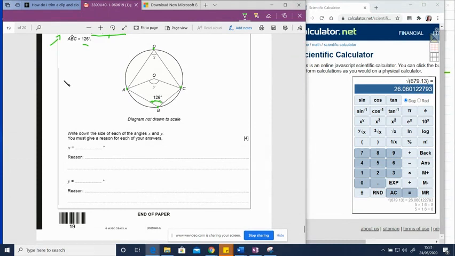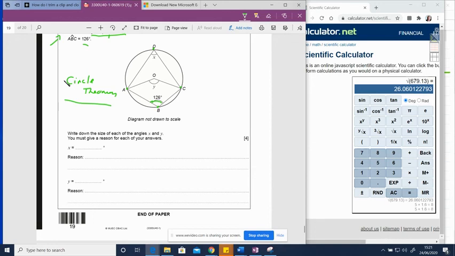Now angle X is opposite the 126, and it just so happens, using the circle theorem, which you have to learn if you want to get these questions right, opposite angles in a cyclic quadrilateral add to 180.